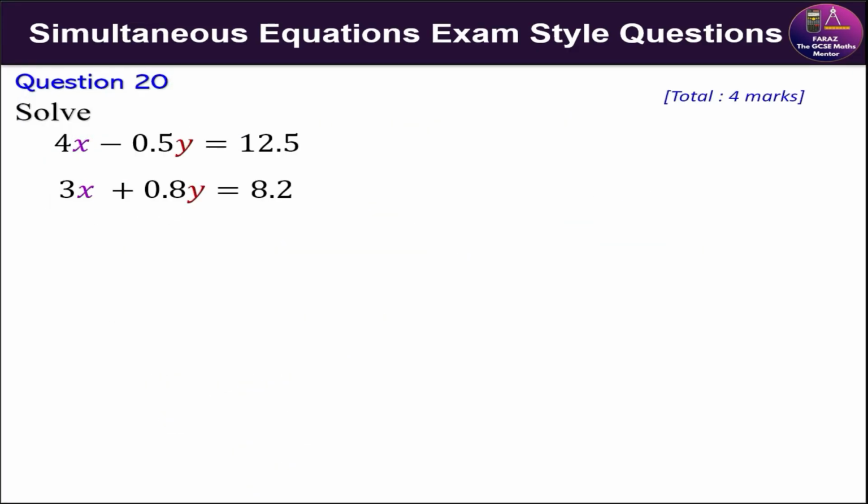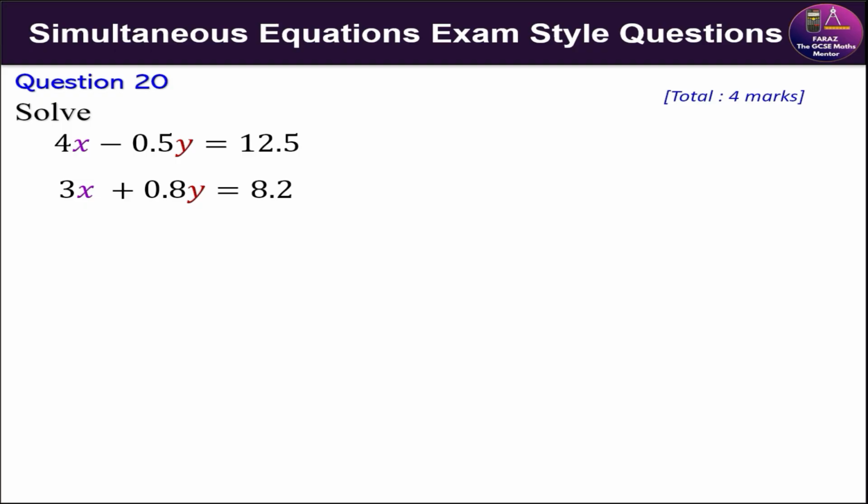Right, question number 20. Here you can see we have 0.5y, negative 0.5y and plus 0.8y. As the coefficients of y are in decimals and you have constants in decimals also, what you can do here is the same technique to make the coefficient same. It is better to make the coefficient of x same as it is given in the integer.